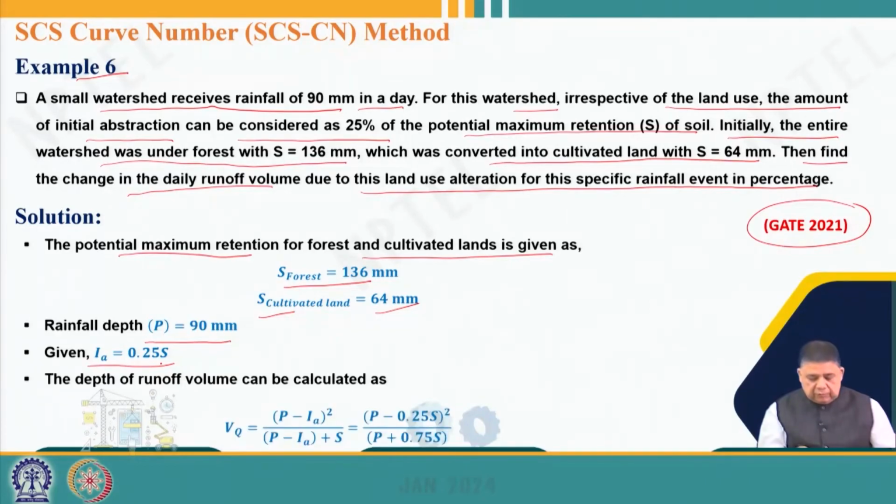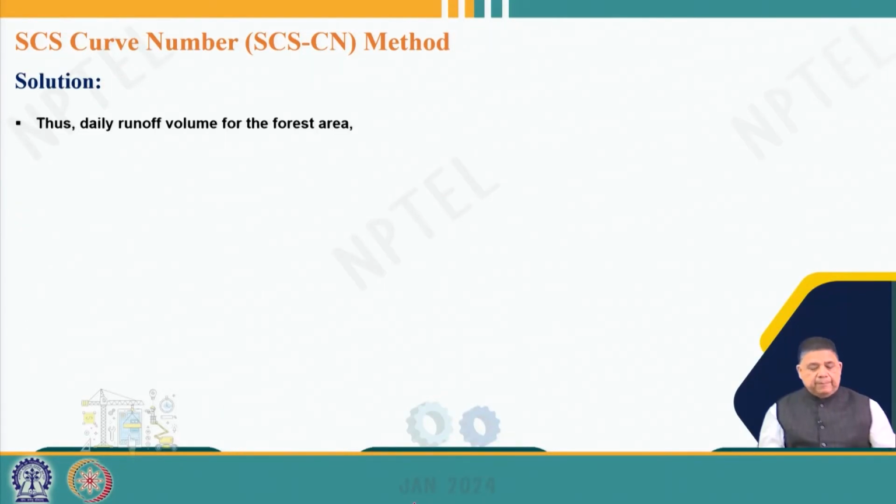That means we have to use the original formulation with P minus IA. Putting IA equals 0.25S, we can get it in terms of S; this is the formulation. Instead of calculating IA separately, we are just manipulating this formula. So, it becomes Q equals (P minus 0.25S) squared over (P plus 0.75S).